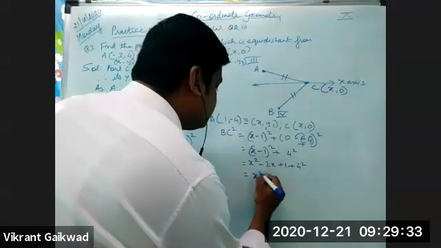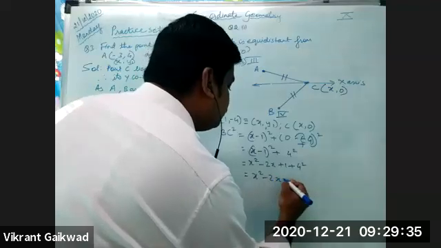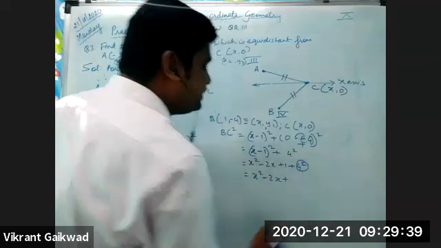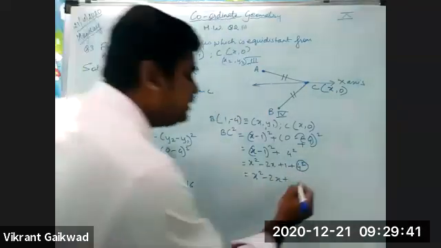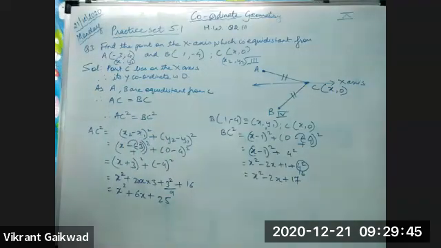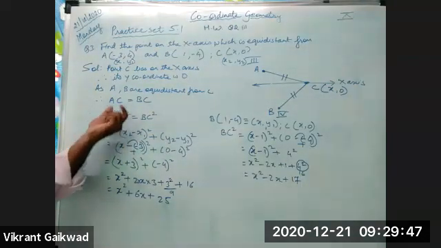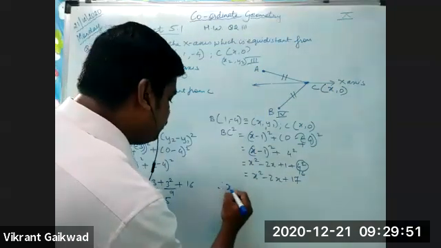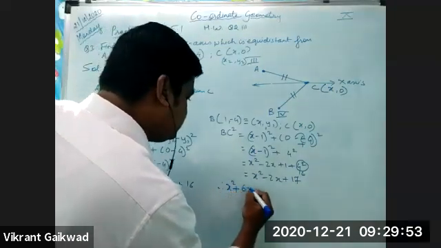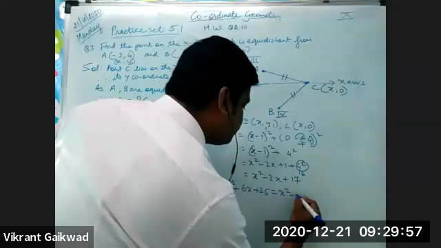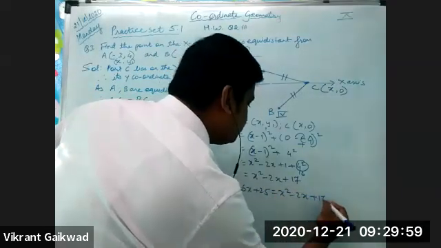So this becomes x square minus 2x plus, now 4 square is 16, 16 plus 1, so that becomes 17. Now see, AC square is equal to BC square. So that means you will get x square plus 6x plus 25 equals x square minus 2x plus 17.